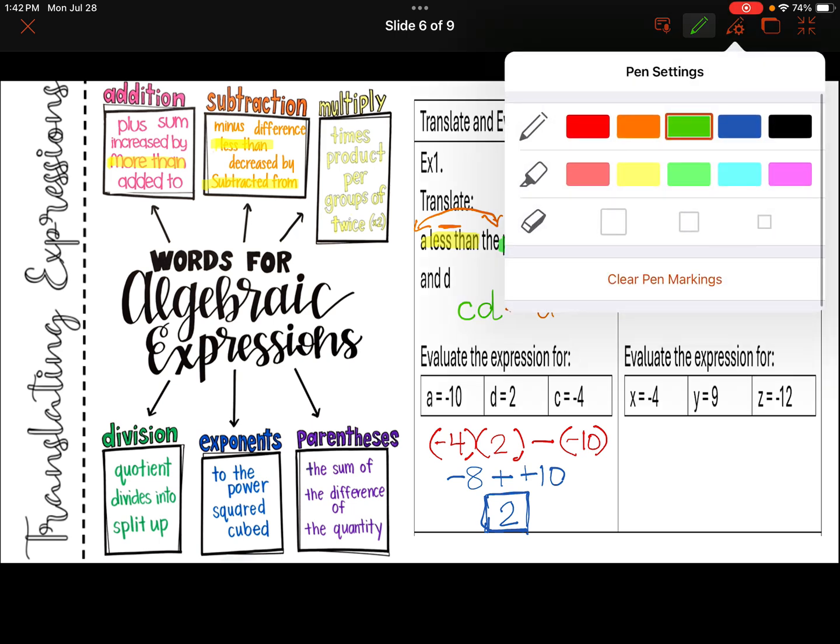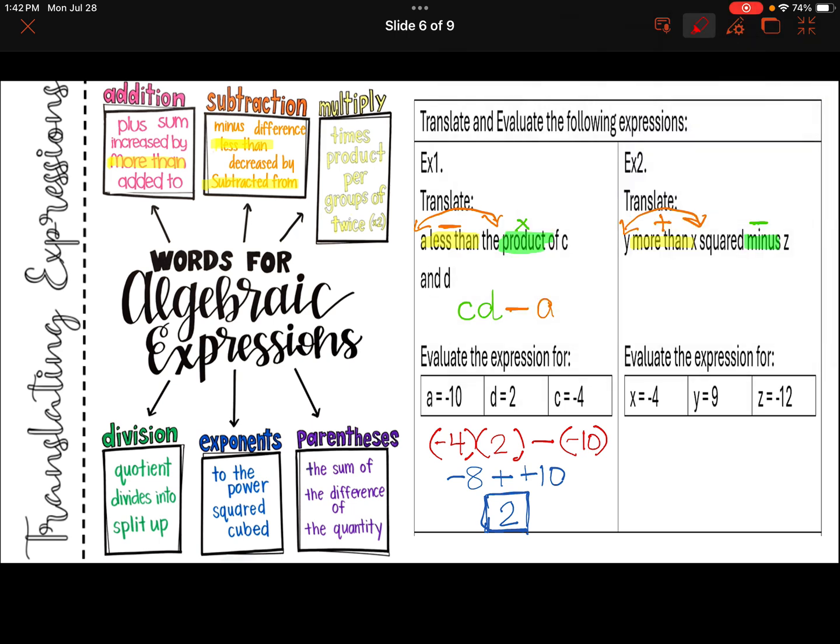And we have the phrase squared, which just means an exponent. Okay, so we're going to translate. So x squared is now going to come first. Then it's going to say more than, so plus y. And then at the very end, we'll put our minus z. All right, so we have translated that.